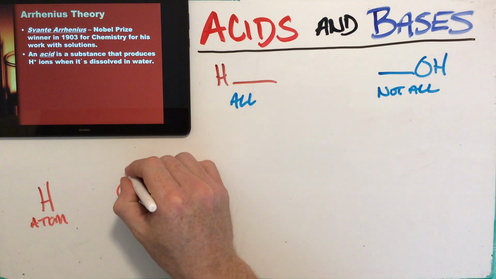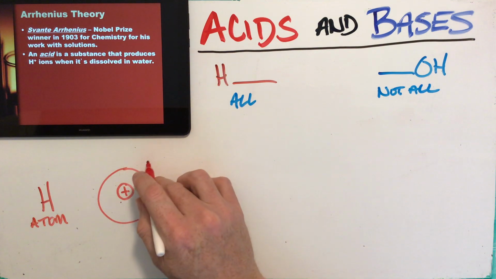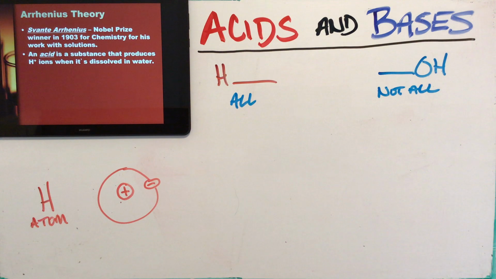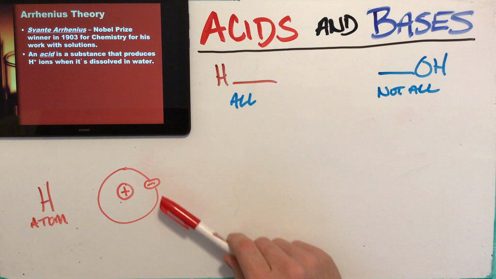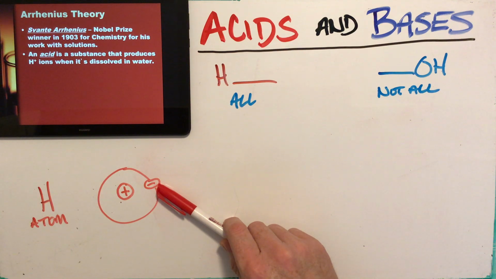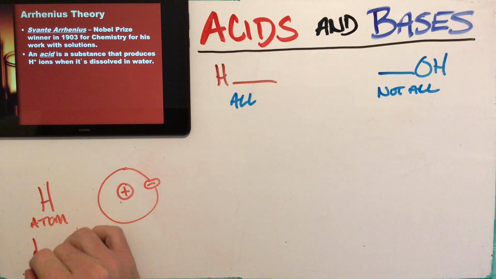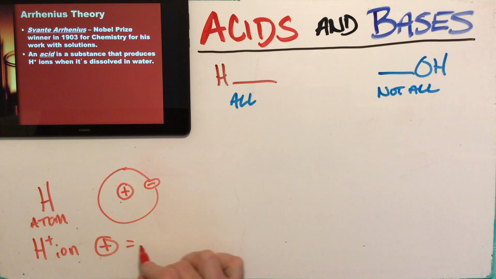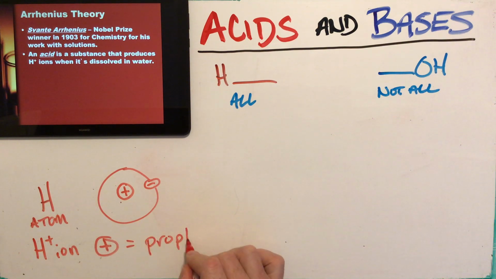And if we're looking at an atom, there's 1 electron, because in an atom your protons and electrons have the same number. So a hydrogen ion will lose this electron, and a hydrogen ion is simply what? It's simply the proton.